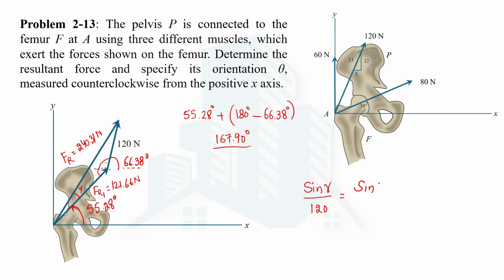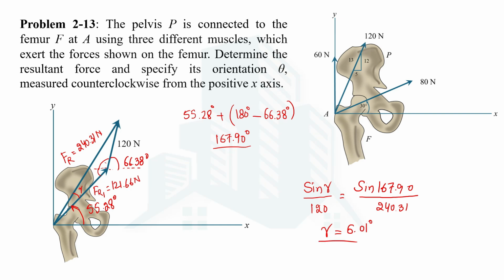So sine of 167.90 divided by the magnitude of the opposite side, which is 240.31. From here we have the magnitude of gamma as 6.01 degrees.